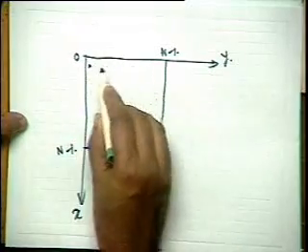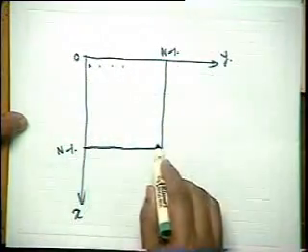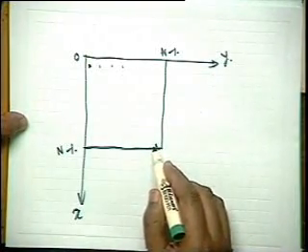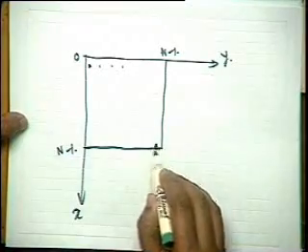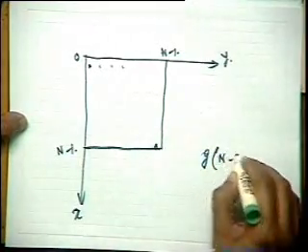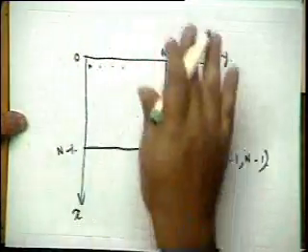Then I will keep shifting this sub-image till I reach the bottom right pixel, g of (N-1, N-1). So this is a kind of spatial operation which we are going to do.